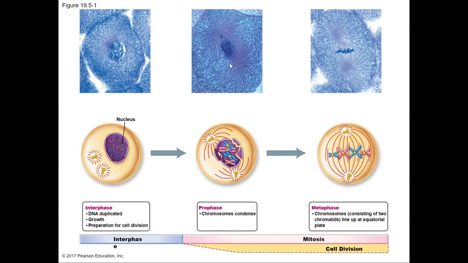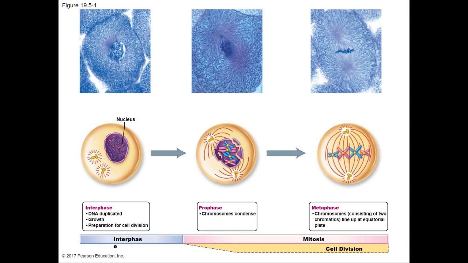As we enter into prophase, we notice the chromatin is condensing and we're starting to see individual chromosomes. Notice also the centrioles producing the spindle fibers are moving to either pole to the edge of the cell. We then have all those chromosomes lining up in the center.